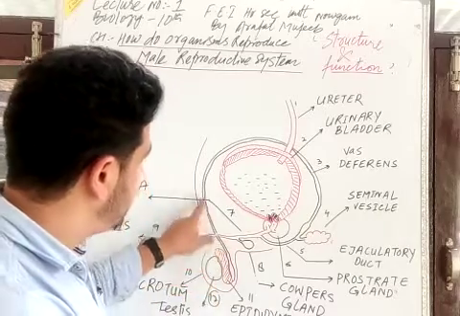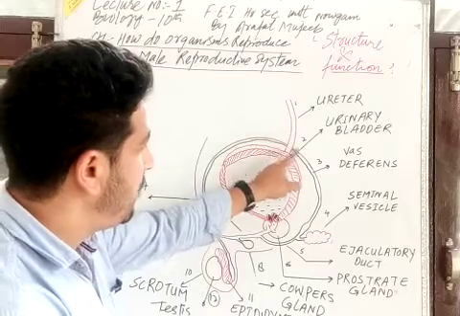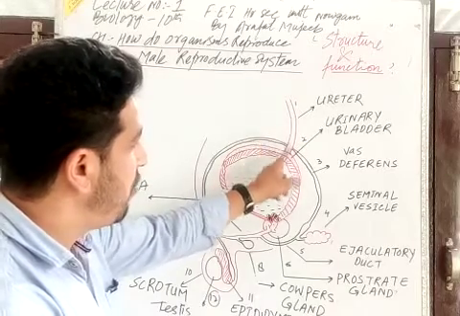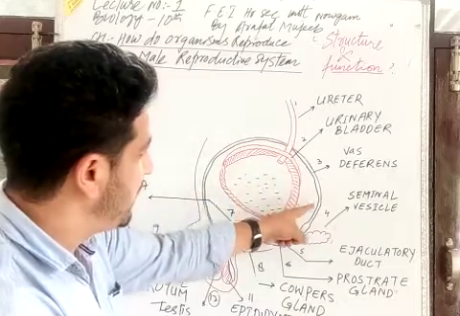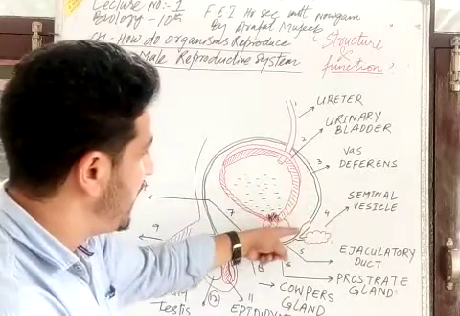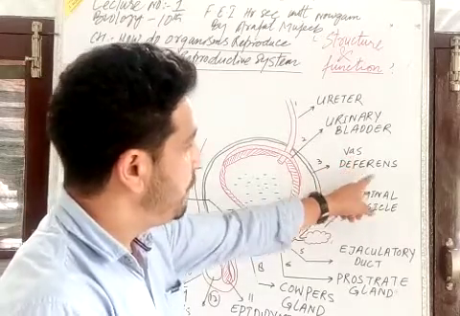Then this duct moves in this way, and where it hangs, it is hanging over the ureter. This black color duct, which surrounds in this way as I have shown in the diagram, is known as the vas deferens.